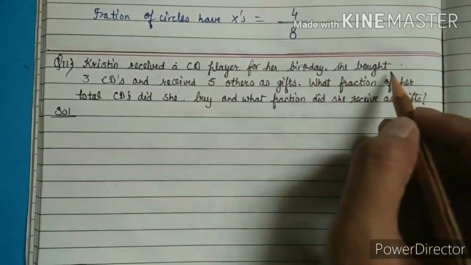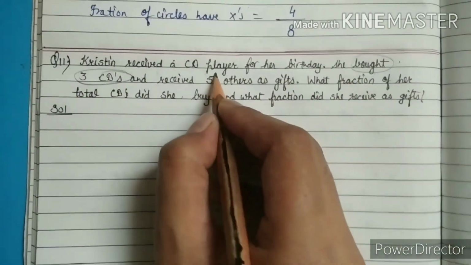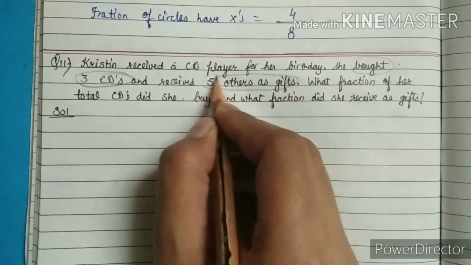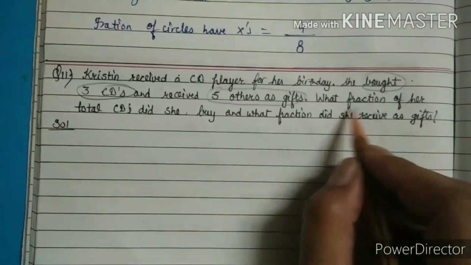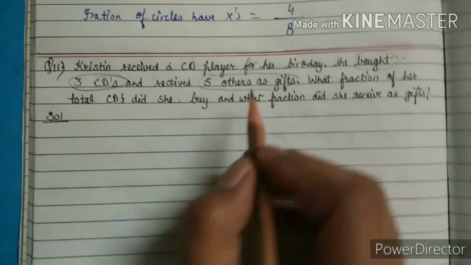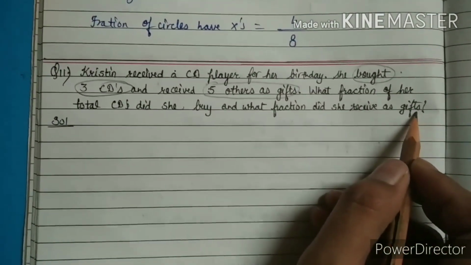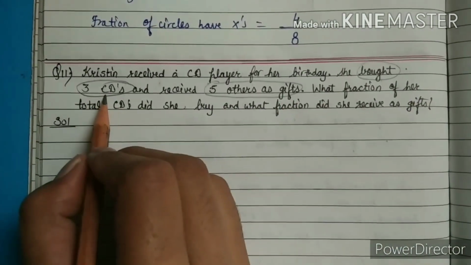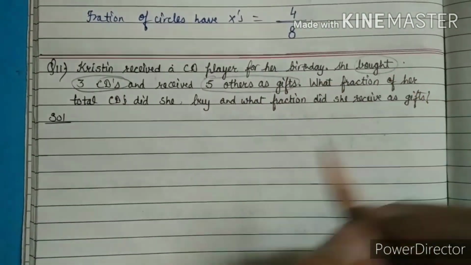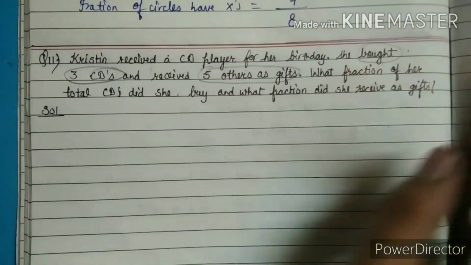So 3 CDs she bought and 5 CDs she received as a gift. So what fraction of her total CDs did she buy and what fraction did she receive as a gift? So we have to write the fraction of whatever CDs she bought and whatever CDs she took as a gift. So let's do it.